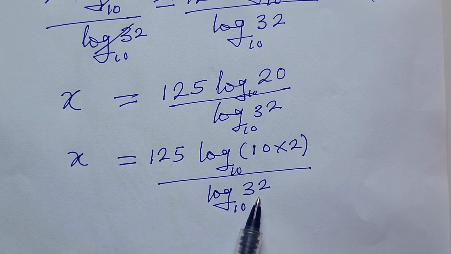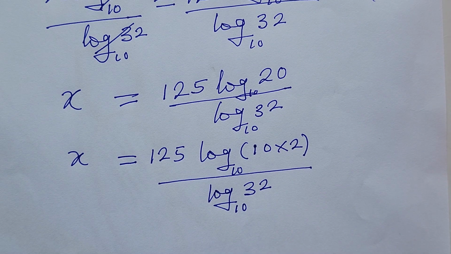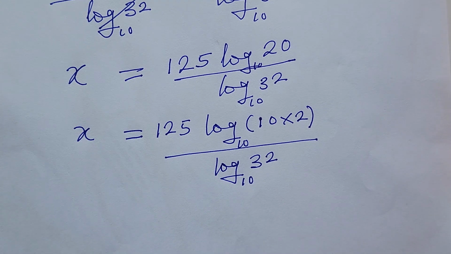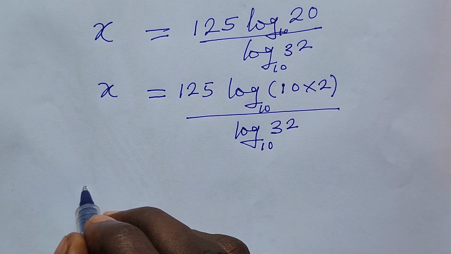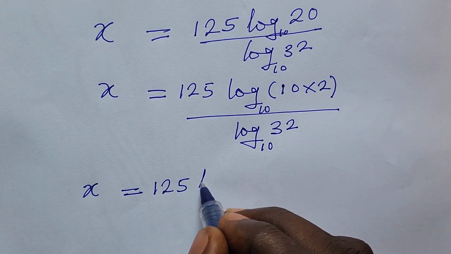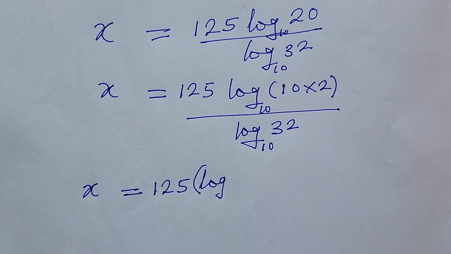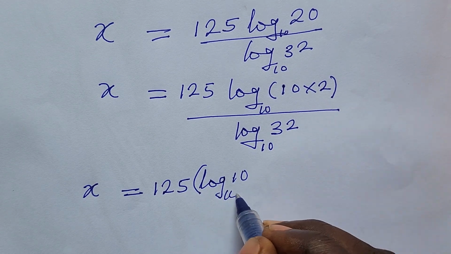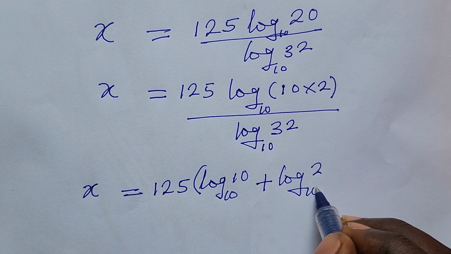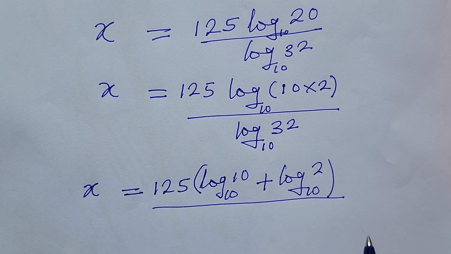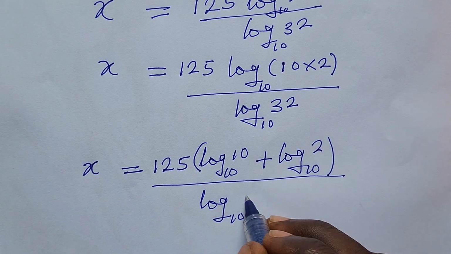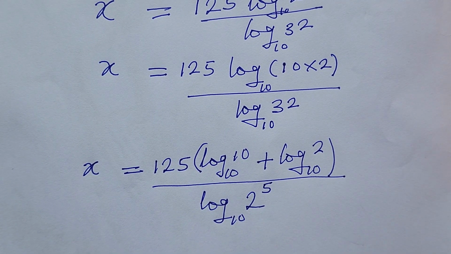Again, if you look at 32, 32 can be expressed as 2 to the power of 5. So let's rewrite this and at the same time express this as 2 to the power of 5. So x is equal to 125, the log, let's put this in brackets, log 10 base 10 plus log 2 base 10, close bracket, all over log base 10 of 2 to the power of 5.